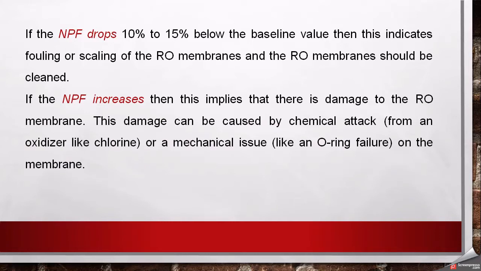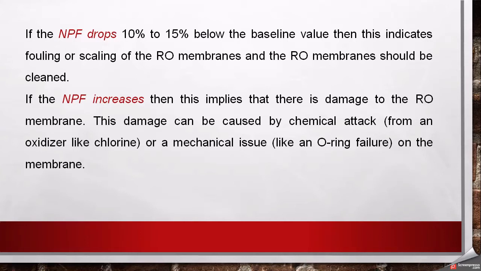Generally, if NPF drops 10 to 15% below the baseline value, then this indicates fouling or scaling of the reverse osmosis membrane, and the membrane should be cleaned. Similarly, if NPF, the normalized permeate flow rate, increases, then what does this mean?